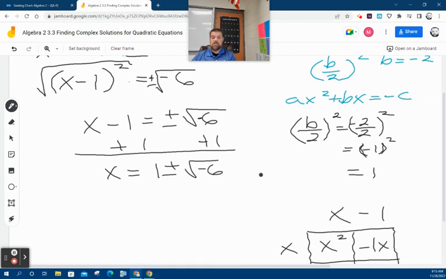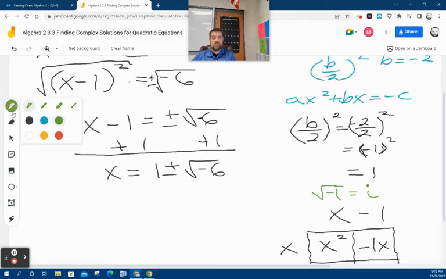No, I cannot. So remember that the square root of negative 1, let me write this in a different color so you don't get confused. This is going to be negative 6. Remember that the square root of negative 1 is equal to i.